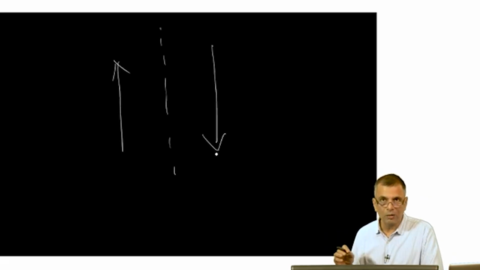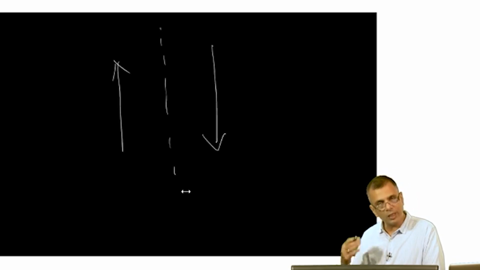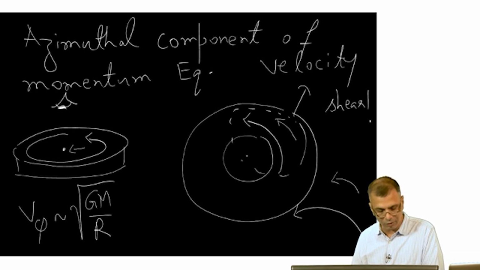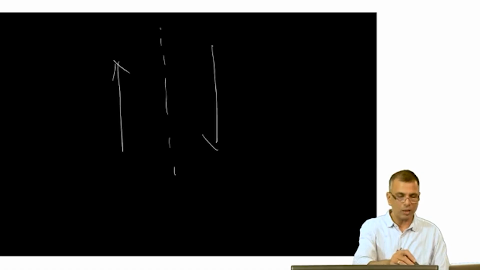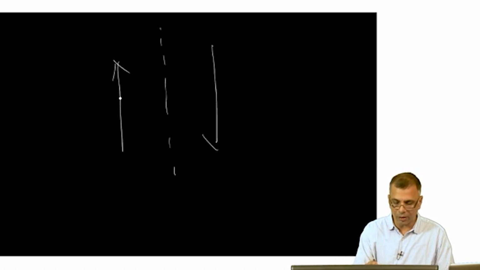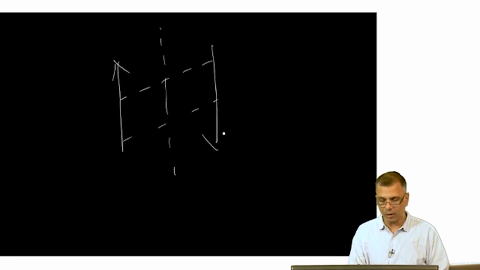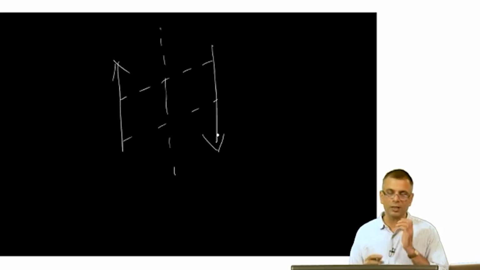Now the reason I said viscosity is important is because it's exactly in this kind of a situation where you encounter shear that you start thinking about viscosity, right? So you start thinking about little rubber bands linking this layer to this layer, preventing one layer from sliding relative to the other layer.